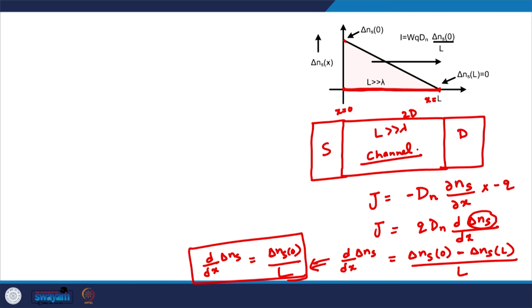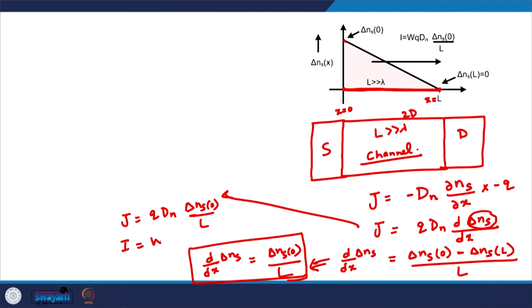So, that will give us the current density from this expression: J is equal to q D delta ns0 by L. So, this is the current per unit width.